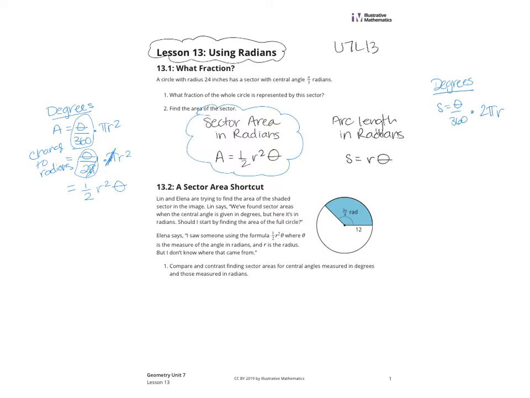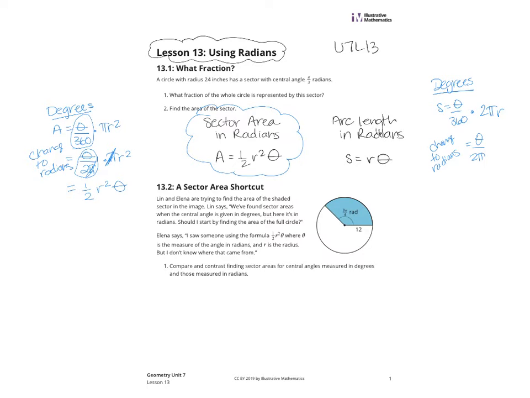So now when I change my work to radians, it's no longer out of 360 degrees. It's now out of 2 pi radians. So this becomes theta over the total circle, which is 2 pi radians.